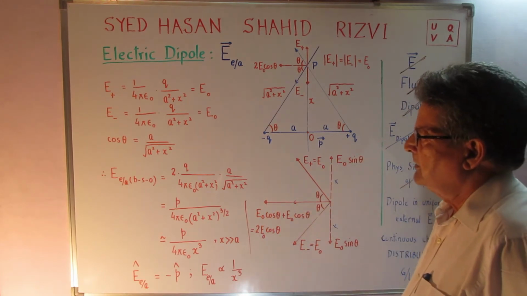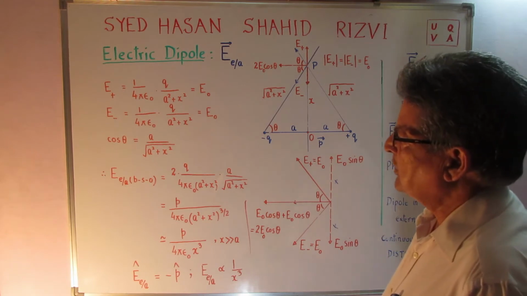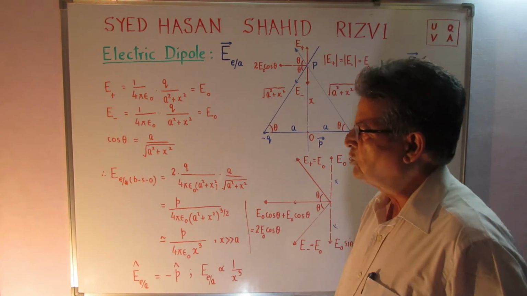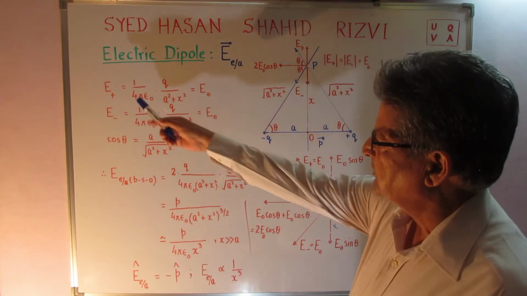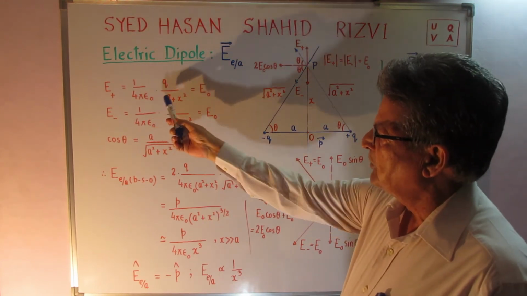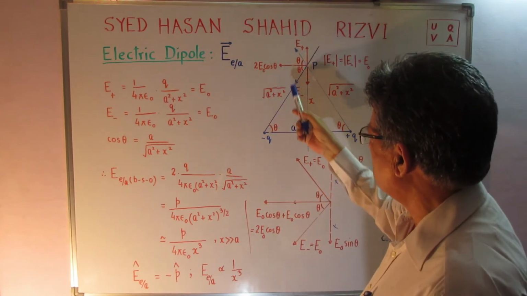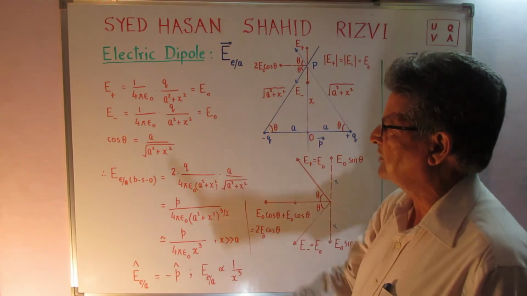Now let us write, from the definition of electric field due to a single charge, E plus as 1 upon 4 pi epsilon naught q upon the square of the square root of a square plus x square, which is equal to a square plus x square.